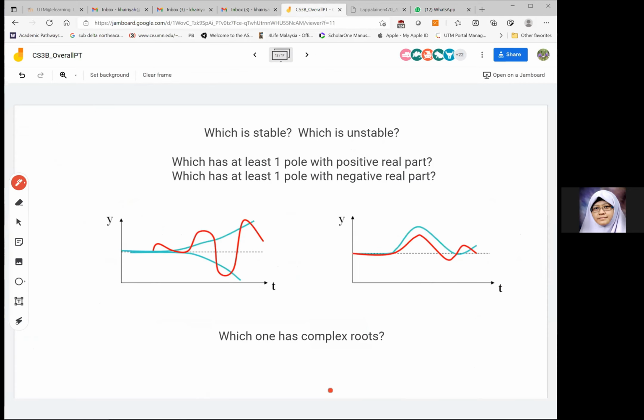Now, which one of these is stable, which is not stable? Which one has at least one pole with a positive real part?